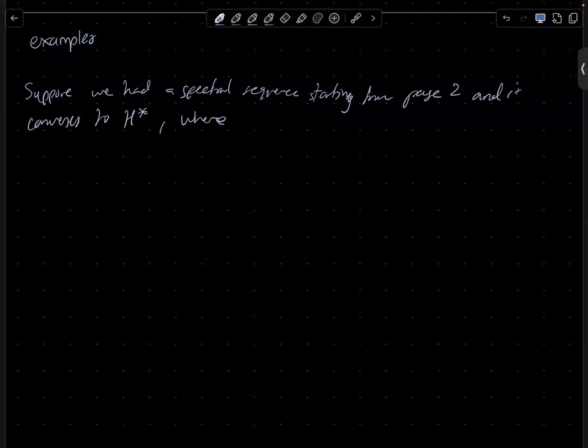I said it was 2 columns, so I specified the E2 nodes, where E2_{p,q} is equal to 0 unless p is equal to 0 or 1, right? 2 columns.